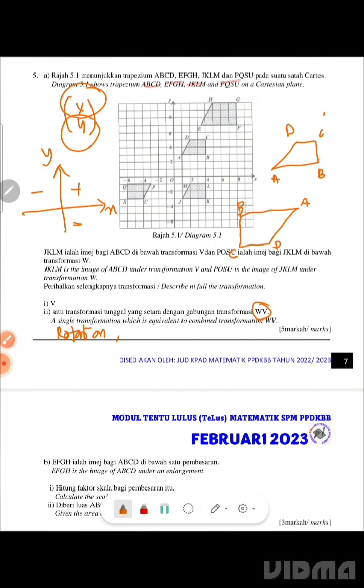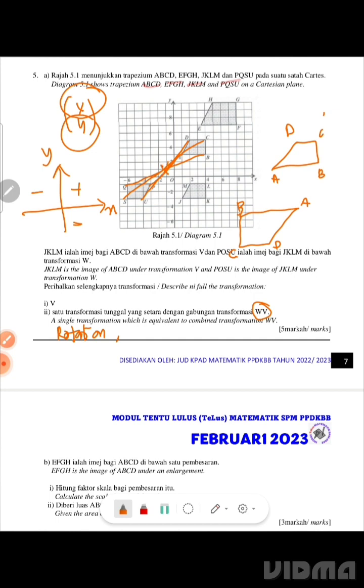For A, our image is here. For B, here. For D, here, and for C, here, and we see here our intersection is at this point.